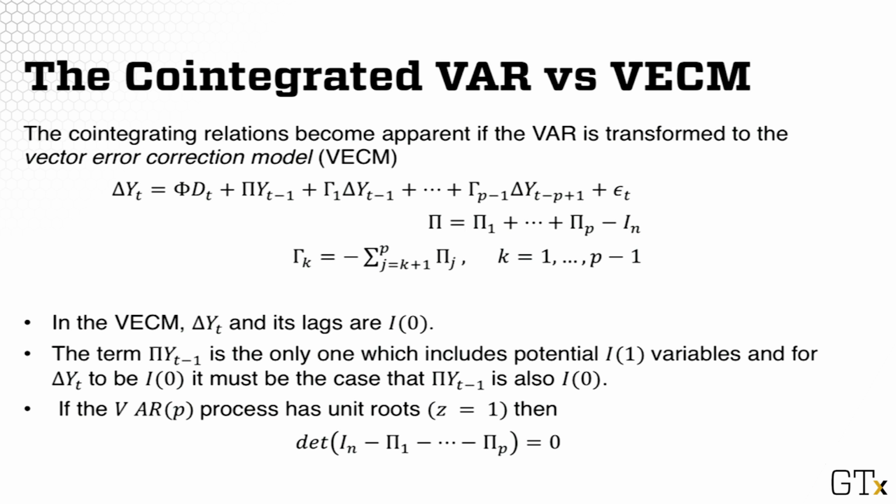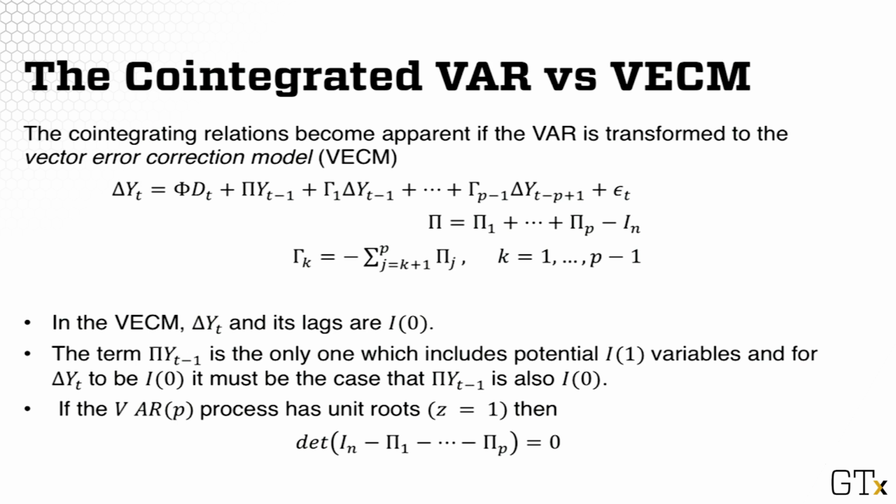VECM is particularly of interest in the interpretation of the relationships between the time series by introducing concepts such as long-term relationship between variables and the associated concept of error correction, whereby one studies how deviations from the long run are corrected. The VECM is described on the slide.